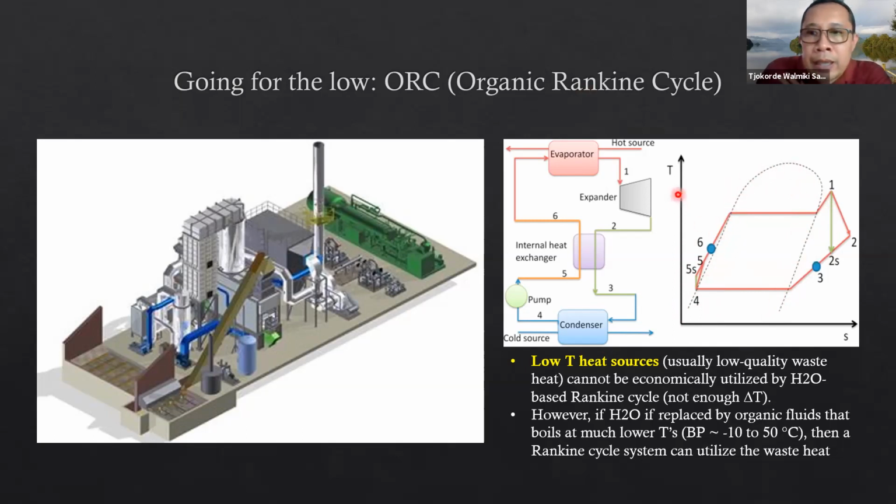So a TS diagram, the temperature entropy diagram for water, will look a lot different from the TS diagram for these organic Rankine cycle fluids. The key thing here is being able to boil at low temperature. Compare this to water, which boils at 100 degrees Celsius. So you can see why this ORC technology can be used to utilize low temperature heat sources.